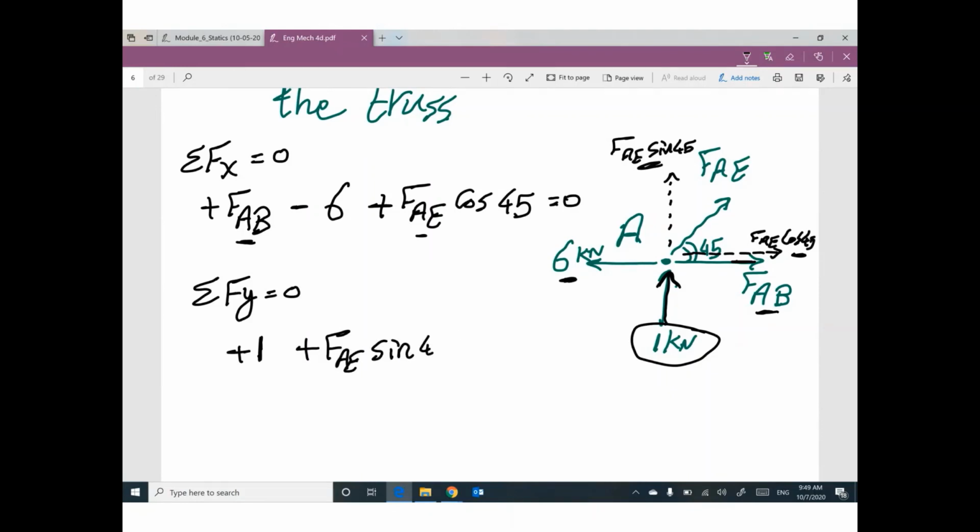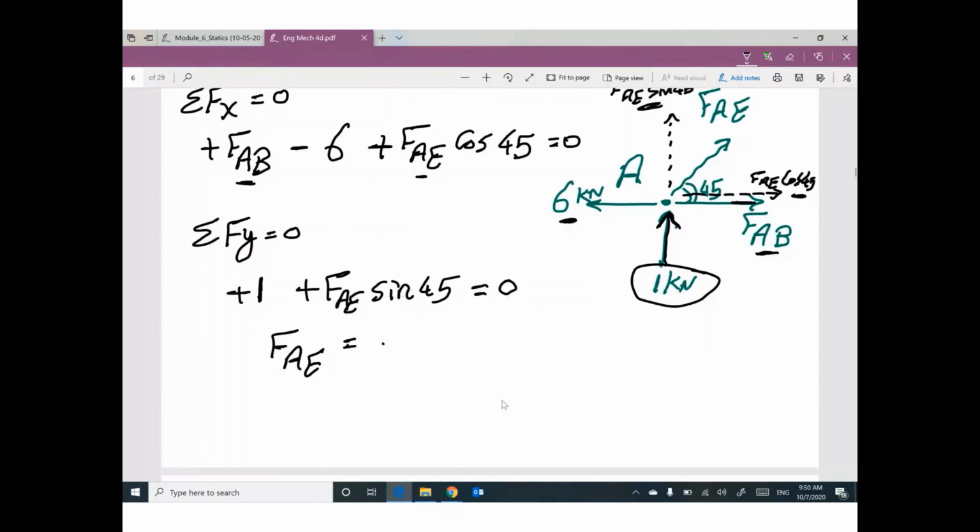What else in y direction? Nothing else. Equals 0. The only unknown in this equation is FAE. It will be negative, first of all, 1.4 kilonewton.